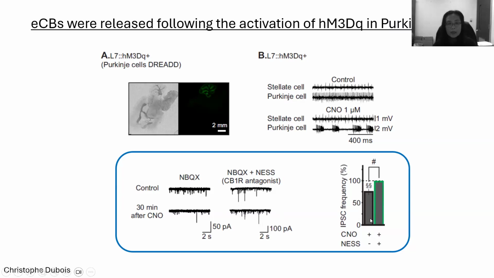So this experiment shows that activation of Gq DREADD in Purkinje cells from this L7 Gq animal can cause release of endocannabinoid.